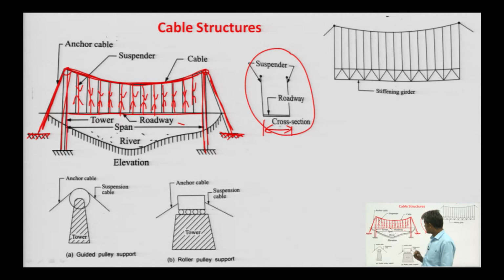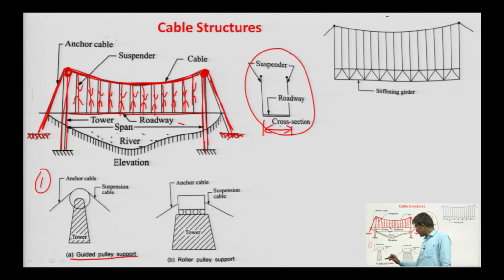Okay. One more thing in this structure is the arrangement at these points. Two types of arrangement can be there. First one can be the arrangement by means of guided pulley support.